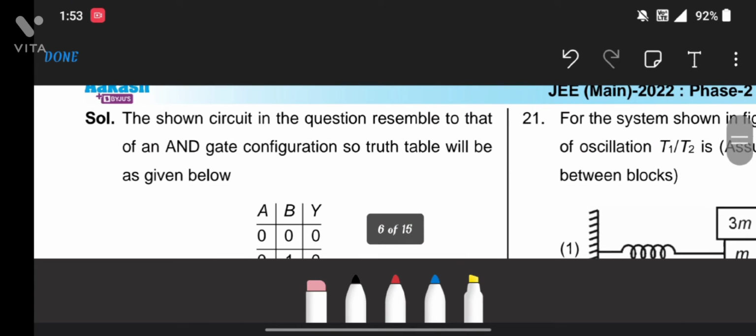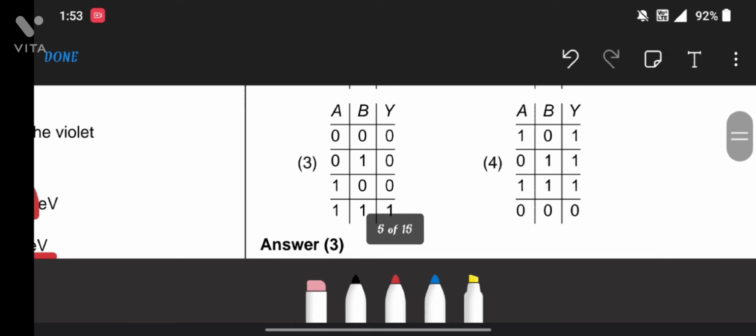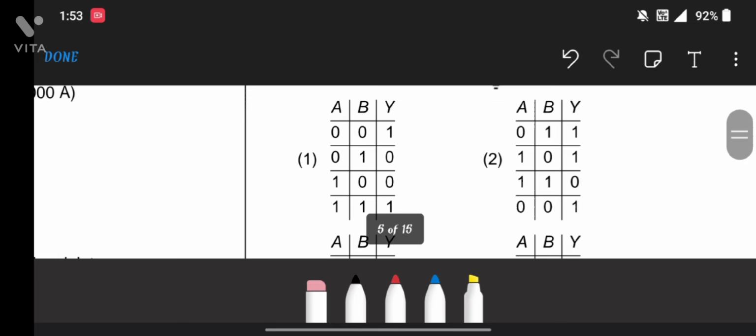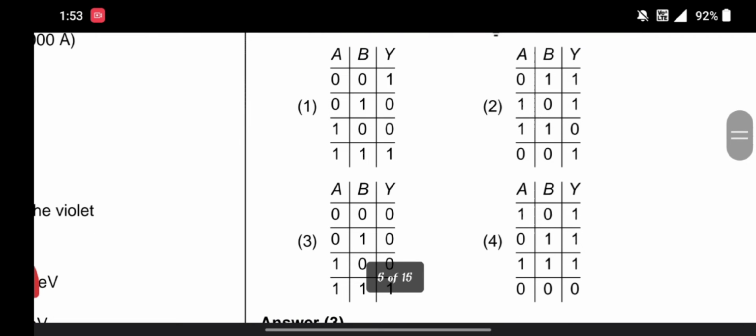If we come to the solution, here by seeing only you can say which one is correct. First I will explain. These are the 4 options.